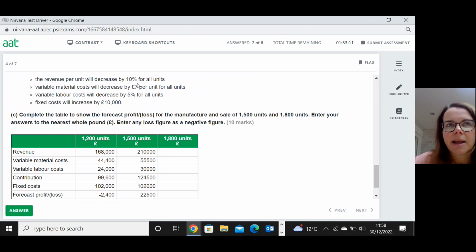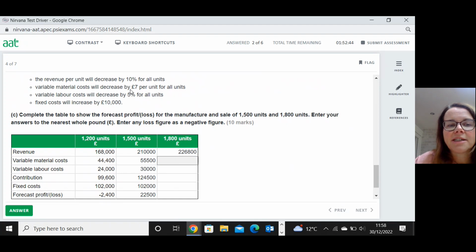So I would do that by multiplying 140 by 0.9, effectively finding 90% of 140. And then timesing that new revenue per unit amount by the 1,800 to give us 226,800.